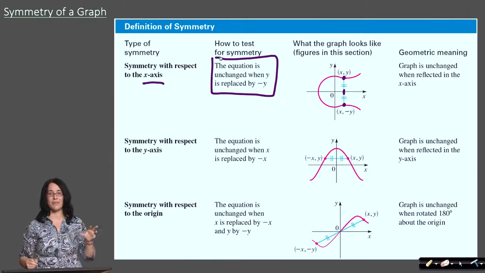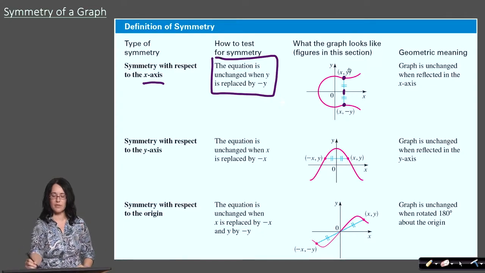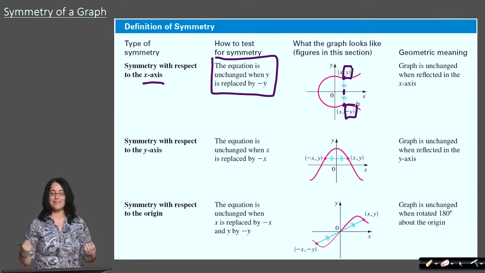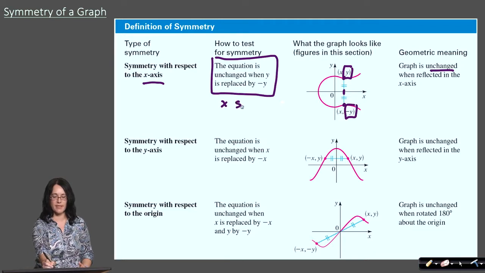Actually, it's not a function, I should be careful, an equation. And again, it's not a function because this would fail the vertical line test. The way you can tell that an equation has x-axis symmetry is that if you were to replace every y value with its opposite, so instead of like 2, you replace it with a negative 2, notice that you get the same x value. The graph is unchanged for x, so x stays the same.